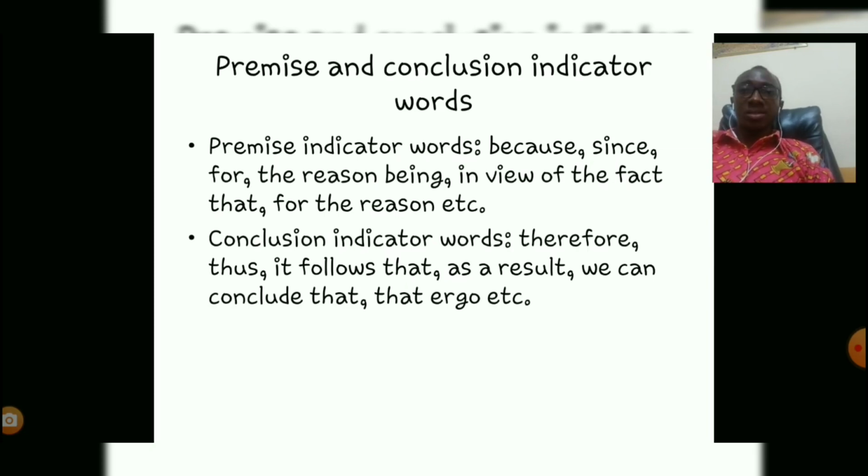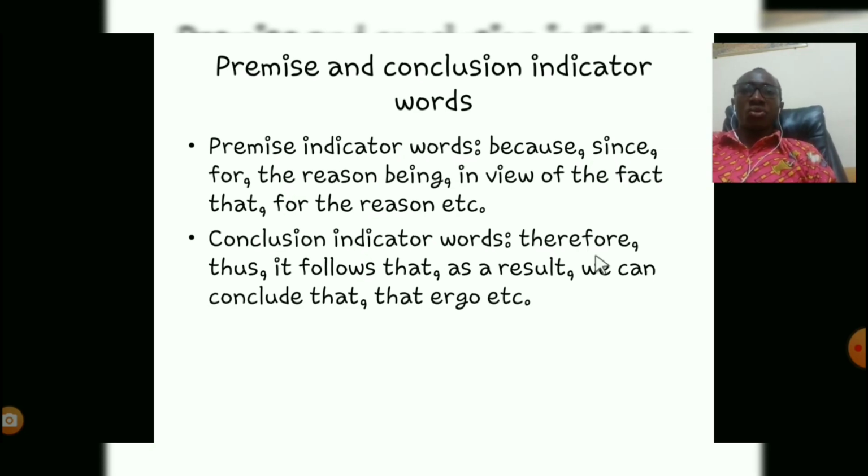However, there are some words, we call them indicator words, that help to identify this is a premise, this is a claim. So if you look at premise, we have these indicator words: because, since, for, the reason being, in view of the fact that, for the reason, etc. All these are words that indicate a premise. And we have the conclusion indicator words or the claim indicator words.